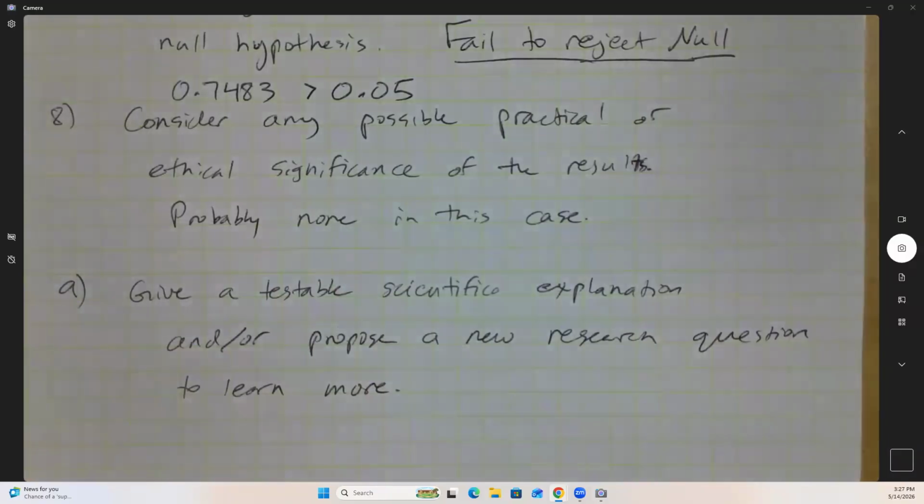And my 10 steps are only 9 this time. And the reason is because I combined the alternative and the null hypothesis into a single step. I remember that now.